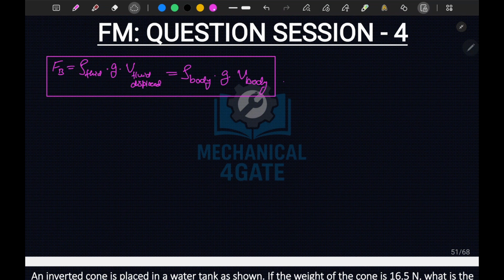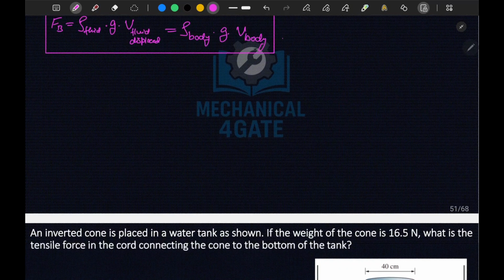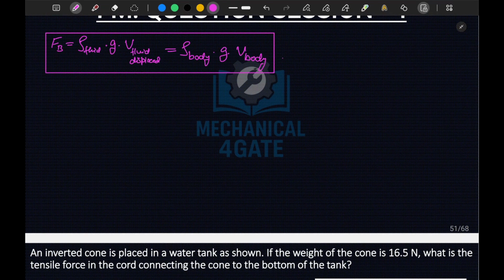Now, let me mention one more point here. Your metacentric height GM is given by BM, that is metacentric radius, minus BG, and your BM value is I minimum by volume of fluid displaced, minus BG, which we calculate from your geometry.